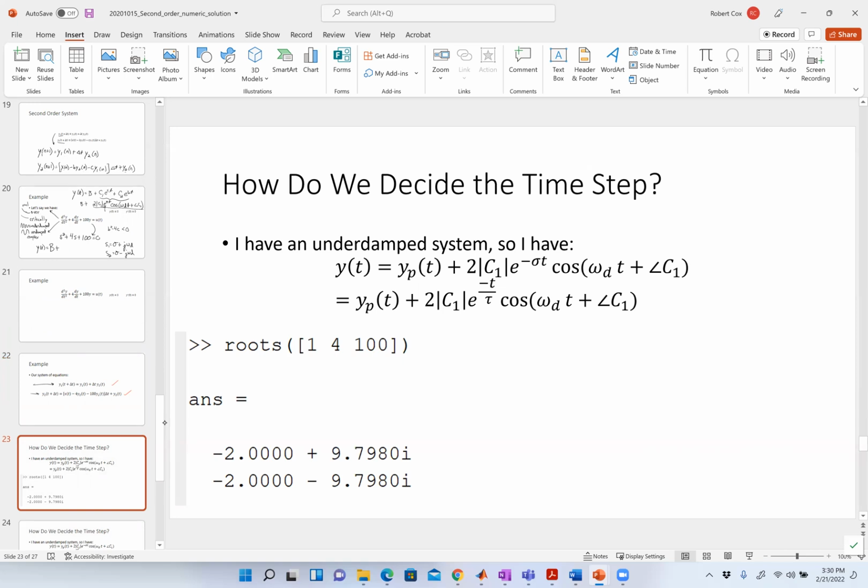So I ask MATLAB, what are the roots of these 2 things? And I get that. So these are my 2 roots, sigma plus minus j omega d. Looking at that, what's sigma and what's omega d? What are my 2 values?